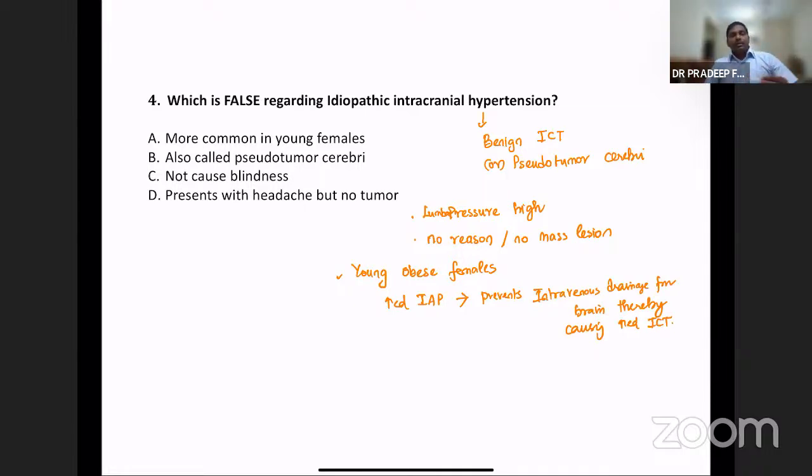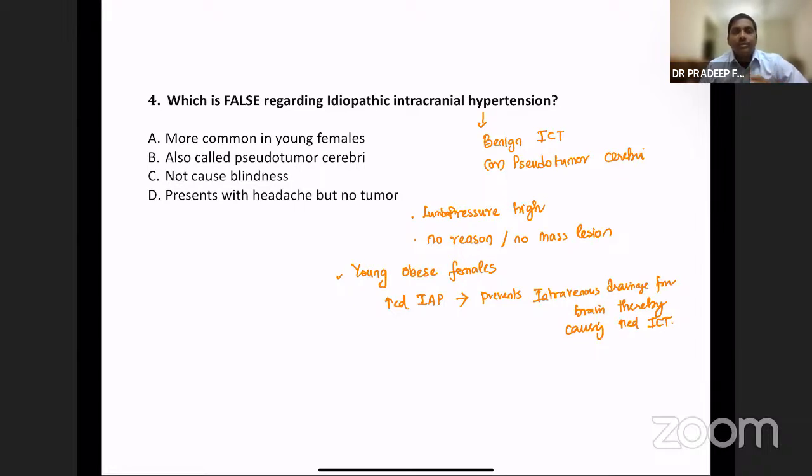So it's basically due to an unknown cause that is causing this intracranial hypertension. The aim is to relieve the intracranial hypertension by doing a lumboperitoneal shunt.